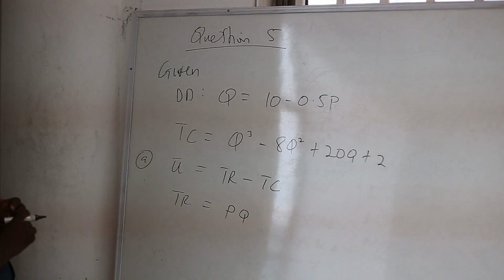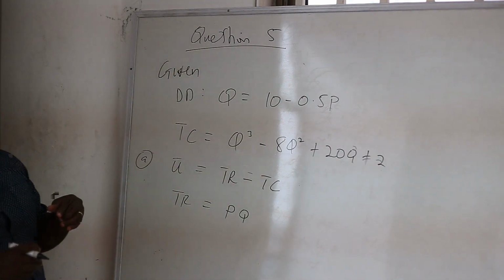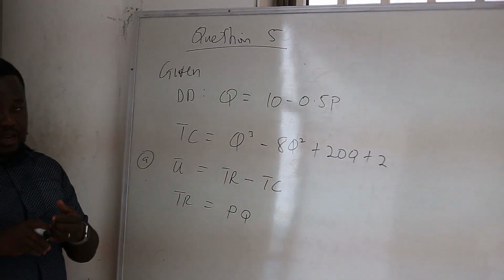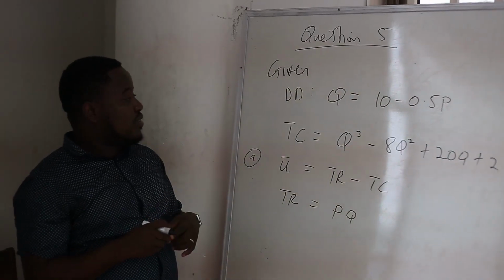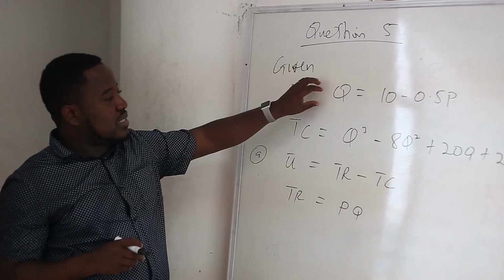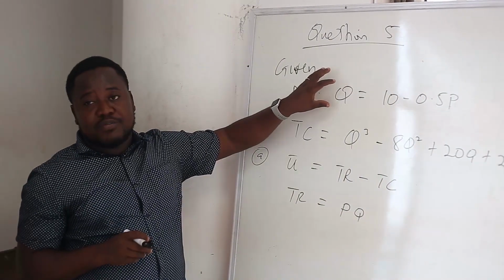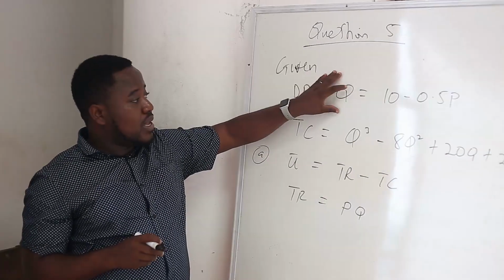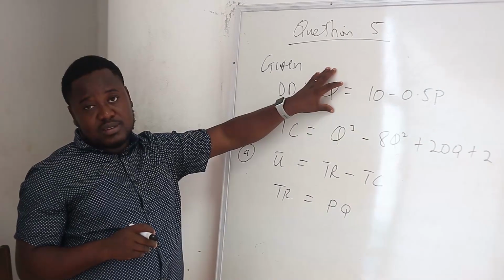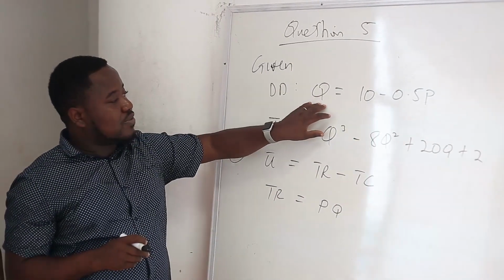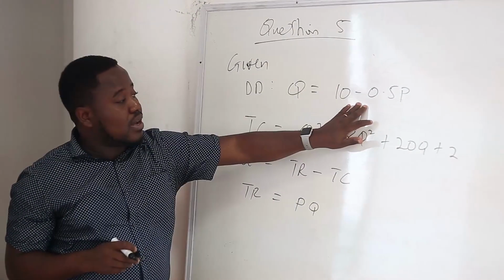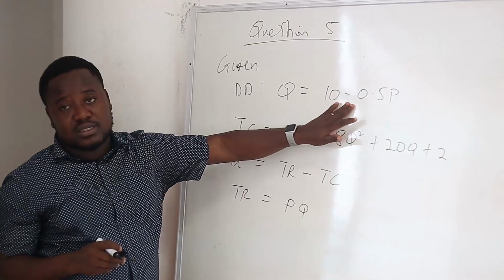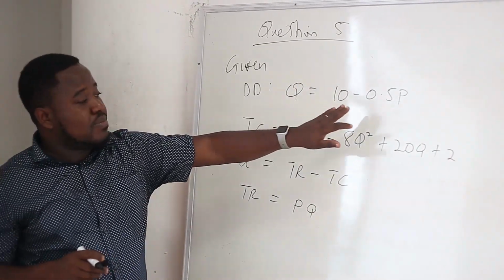What we have to do is, I've told you last week that before we find total revenue, we have to first make P the subject of the demand function. If P is already the subject of the demand function, then you don't have to make P the subject because it's already the subject. In this case, Q is the subject of this demand function. So what we have to do is to make P the subject.